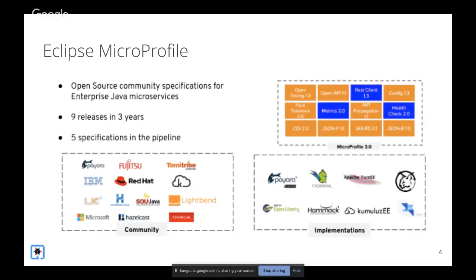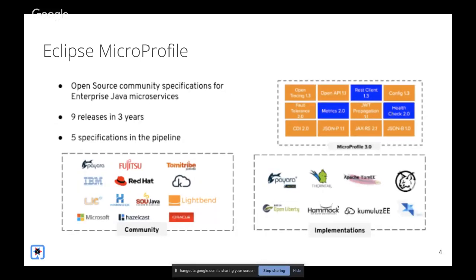That basically means we treat MicroProfile a lot like an open source community, right? So it's an open source project, I mean. So we have multiple releases per year. We don't necessarily guarantee backwards compatibility, quite like Java EE or even Jakarta EE probably plans to, right? So we consider ourselves a faster moving community to address the needs of microservices development.